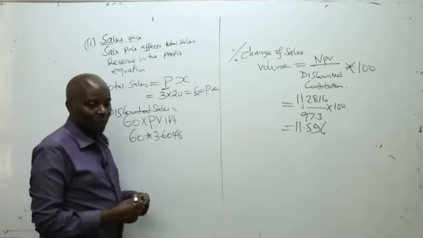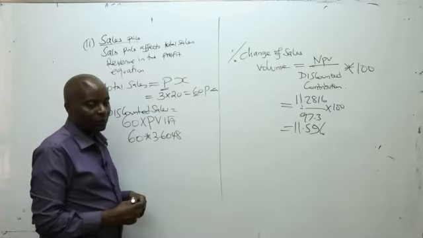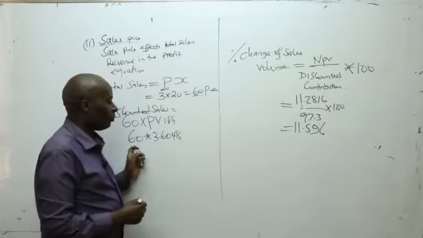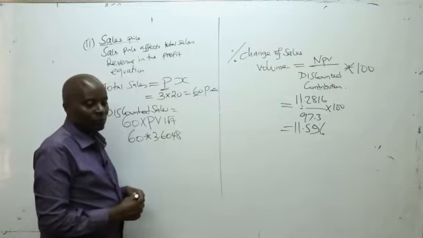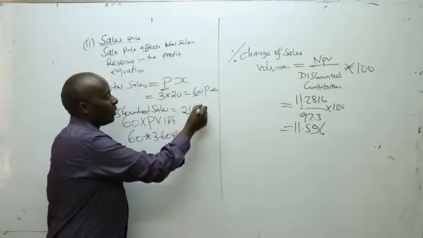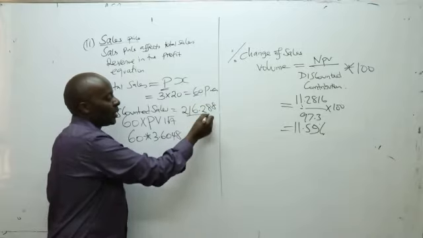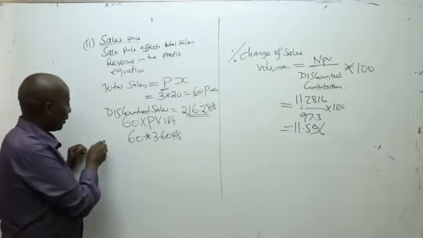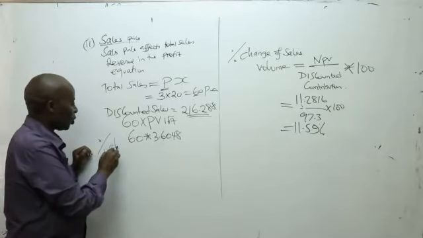What are we going to get? $216.288, isn't it? So, ladies and gentlemen, if that is the case, what I need to do is to come and give them the percentage change.